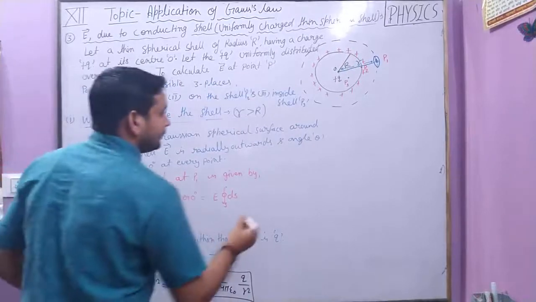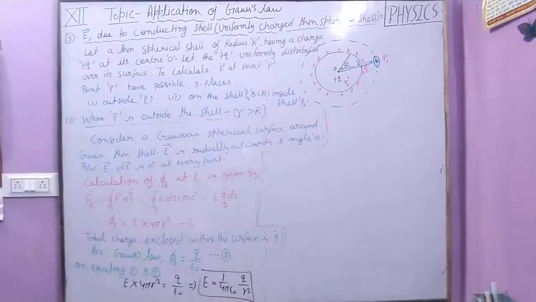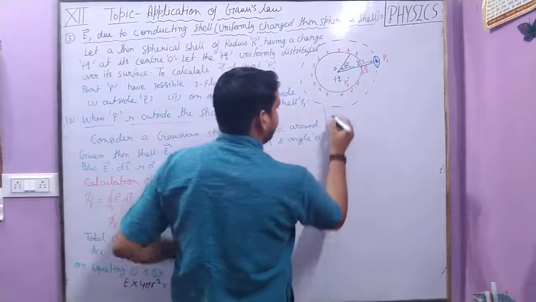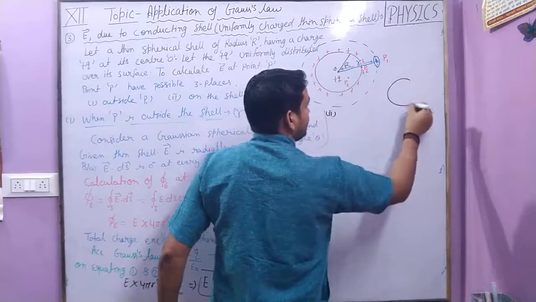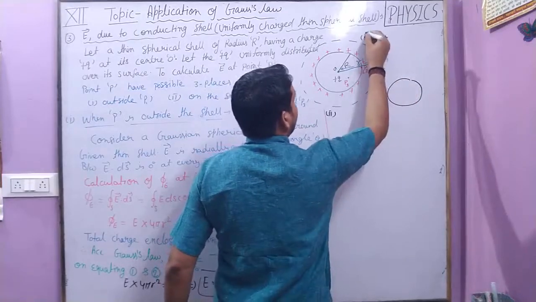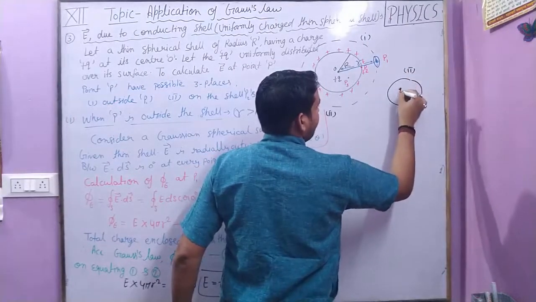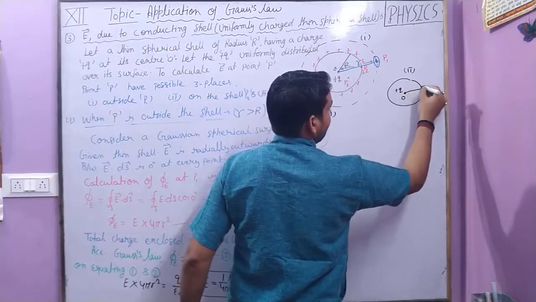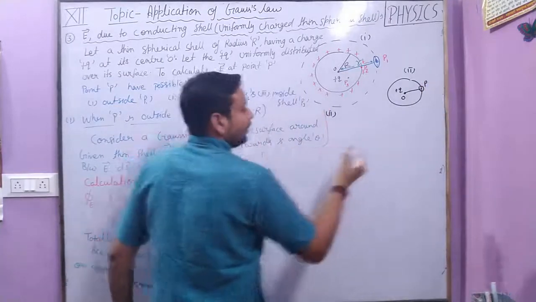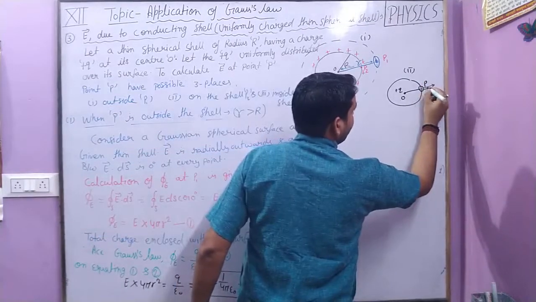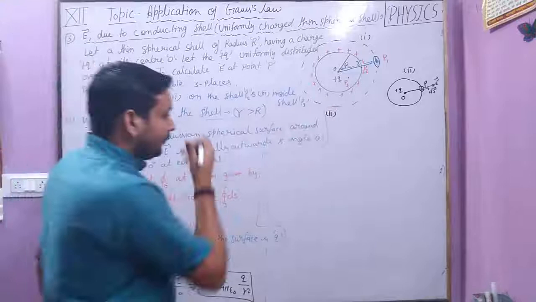Okay, next, the second point. This is figure 1, let's say this is figure 2. This is the center where the point charge is placed, and this is the point P. This is the electric field and this is the vector ds. This is our given surface.